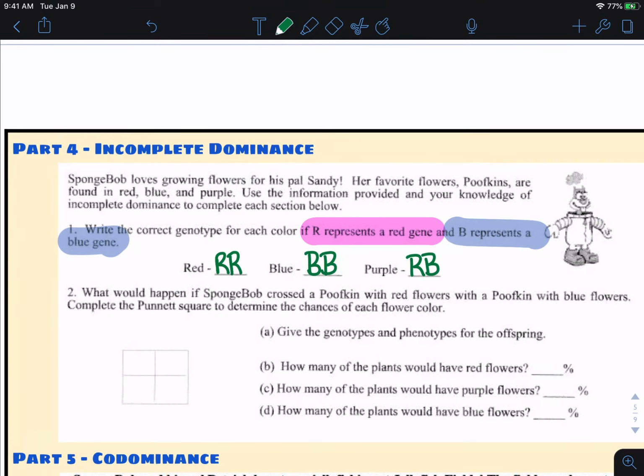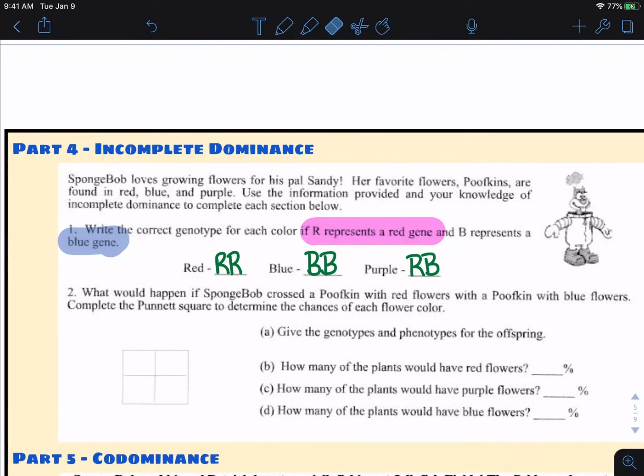A ton of you, I guarantee, will make this mistake, and you will highlight that one, and you will say that this one should be PP for purple. It's not. Okay, it is a combination of the two. It is one red one and one blue one that get mixed in there to give us purple. It is not PP.